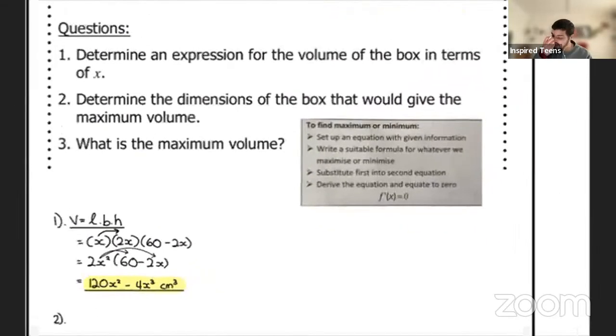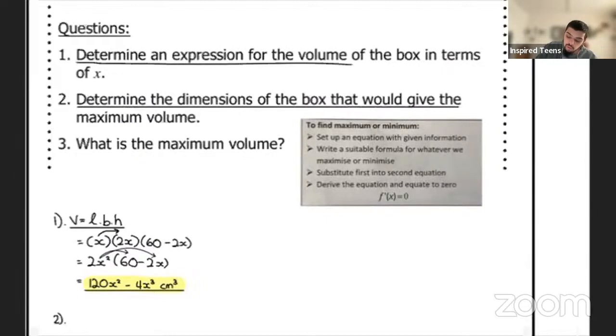Determine the dimensions of the box that would give maximum volume. So we have an expression of the volume. Now we want to know what would give maximum volume.